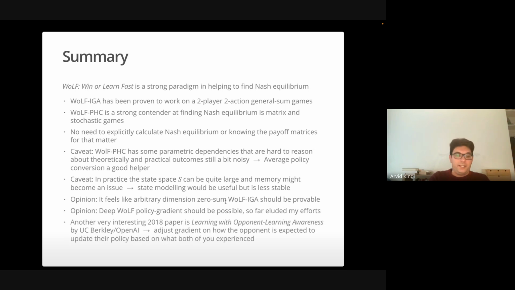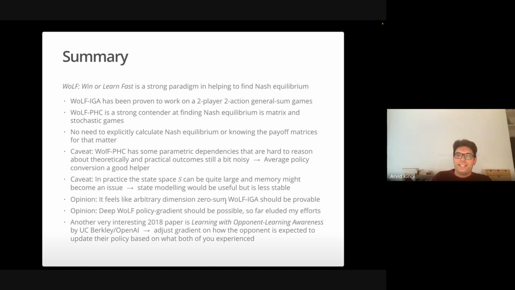And there's another very interesting paper that is quite a lot later than that. It is a paper where they use deep reinforcement learning, but they specifically have the opponent's strategy as a policy in their system, and the algorithm first checks: okay, we both see the same game, if I was the opponent, how would I update my policy?